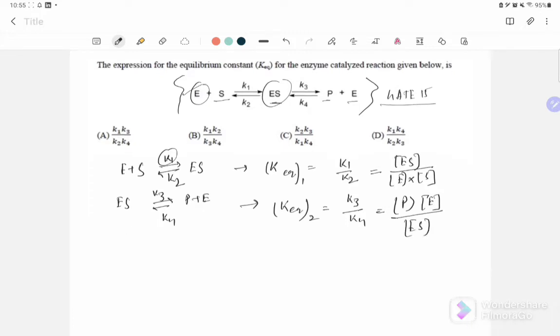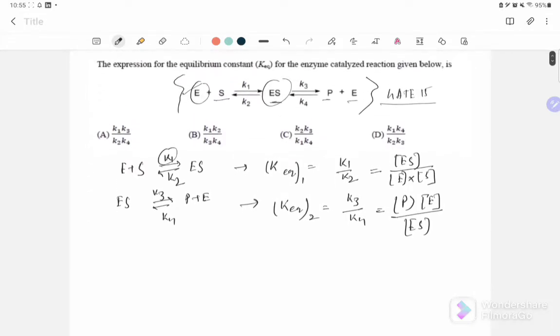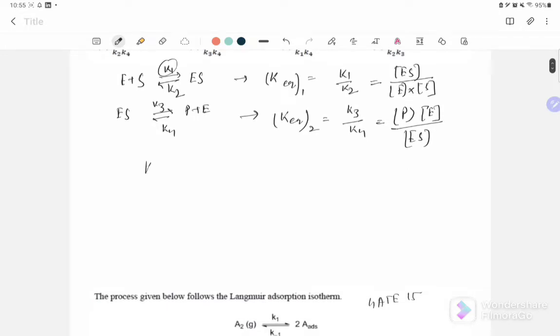Now if you multiply K equilibrium 1 into K equilibrium 2, then we will get our equilibrium constant for the whole reaction.